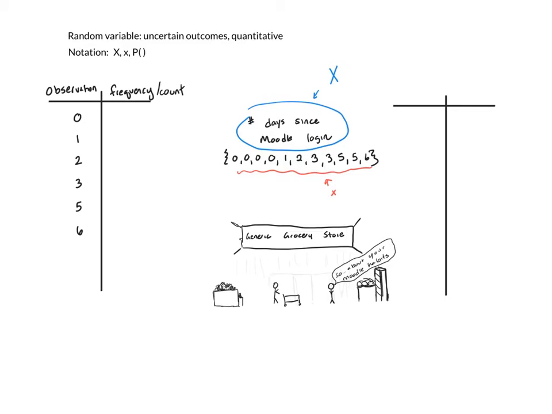Now, based on these, I'm going to write how many people responded with each of those answers. So, I had 4 people say 0, I had 1 person say 1, 1 say 2, 2 say 3, 2 say 5, and 1 person who had taken 6 days since their last Moodle login. Having this information, next thing I'm going to do is find the total.